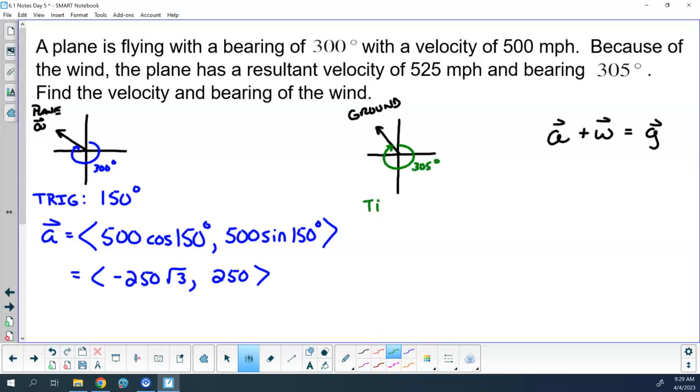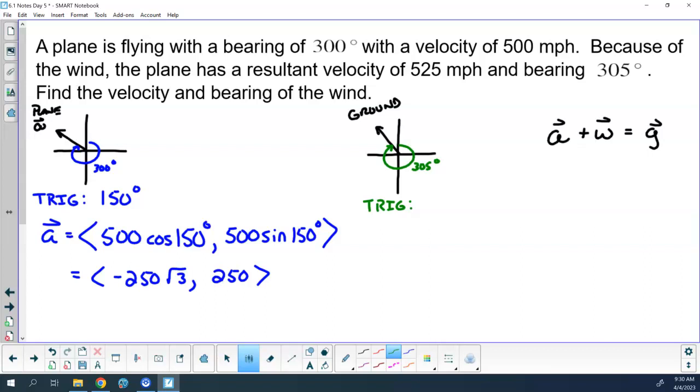What is its trig angle? What do you got at? 145. Do we agree with 145? I'll explain it. Okay.